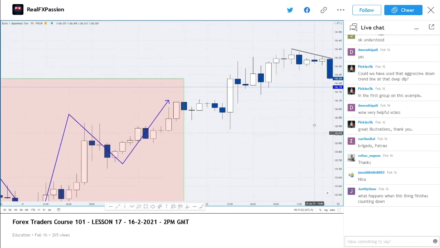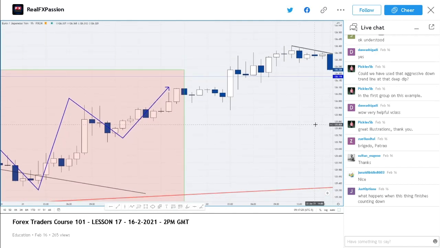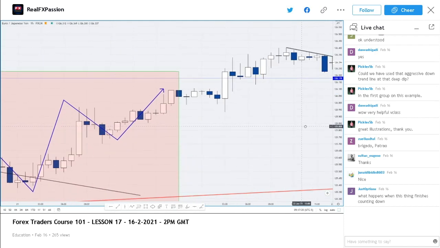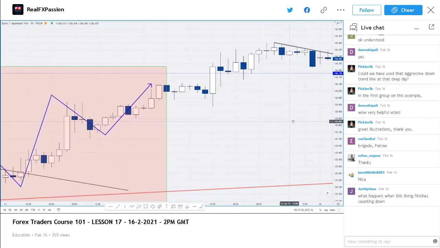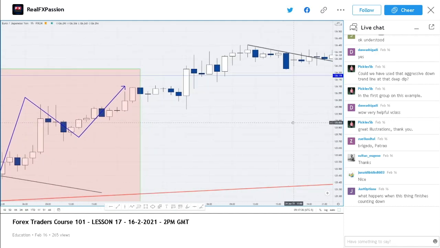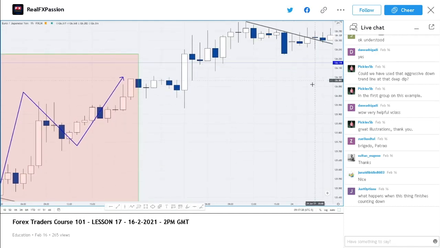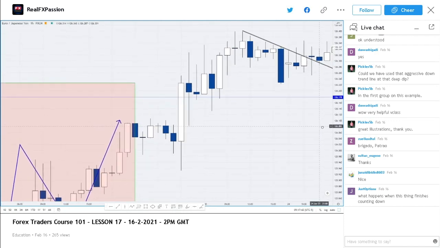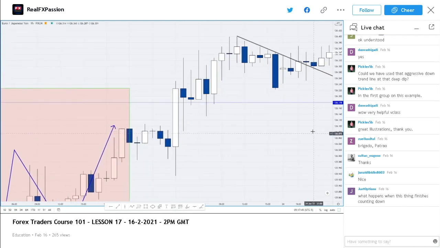So where is our stop loss? There you go. Okay, so we're going to wait and wait and wait. Not sure, but okay, we're going to enter in here, everybody.